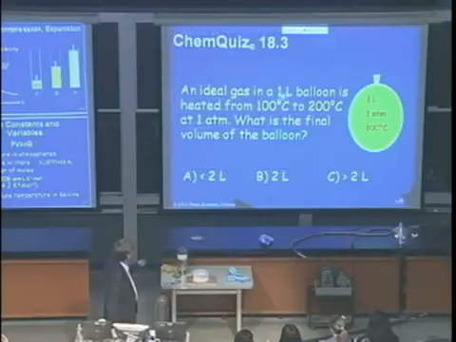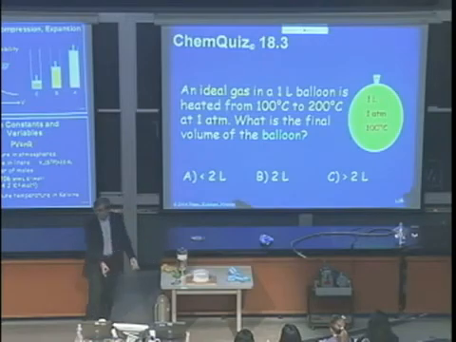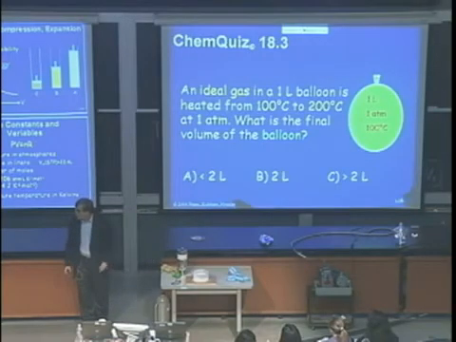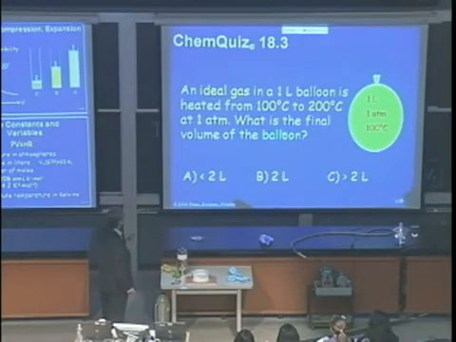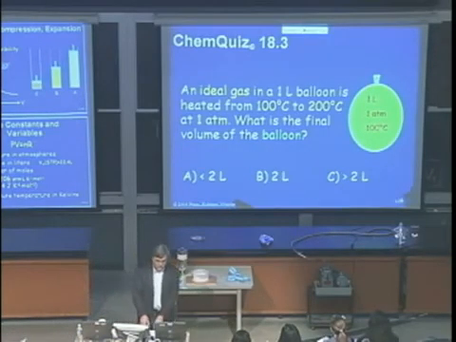You have a 1 liter balloon, and you heat this balloon from 100 Celsius to 200 degrees Celsius at 1 atmosphere. So you do it right here. Okay, you don't change the pressure. It's still 1 atmosphere here outside. And what's the final volume of the balloon? Is it smaller than 2 liters? Is it 2 liters? Or is it larger than 2 liters? Why don't you think about it and give me your answer?